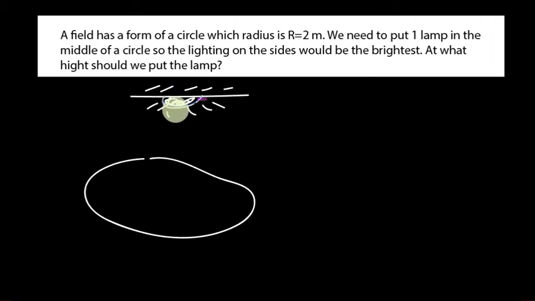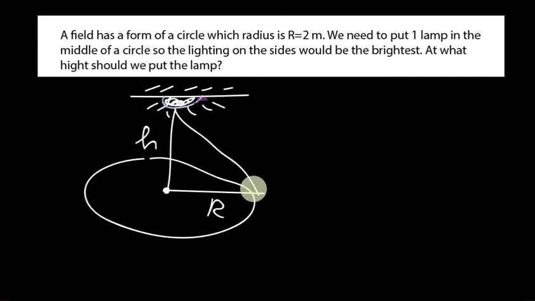And this is the middle of the circle. This is the radius r, this is the height h, and let's call this hypotenuse L. This is a right triangle, and this is some angle alpha. So now we want to put the lamp at such a height h that at this point our lighting would be the best.